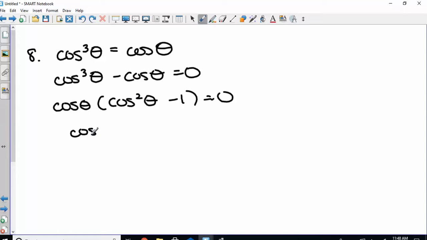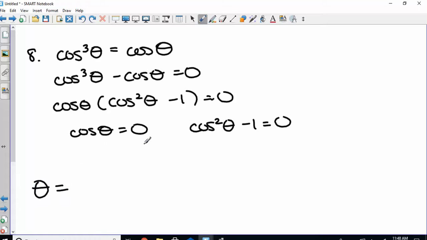Set each to 0. So we get cosine theta equals 0. So cosine, if you think about your unit circle, is the x. When does x equal 0? So we got those two answers from there.